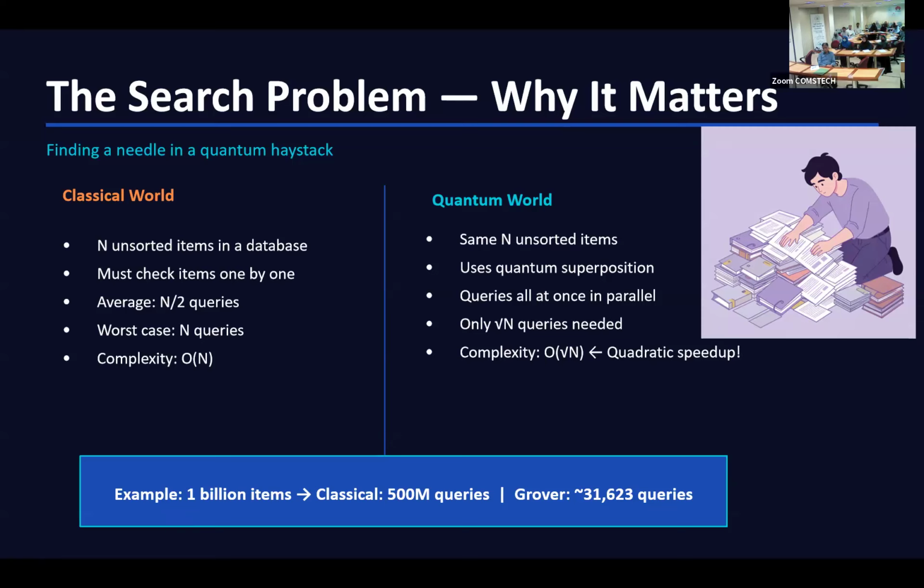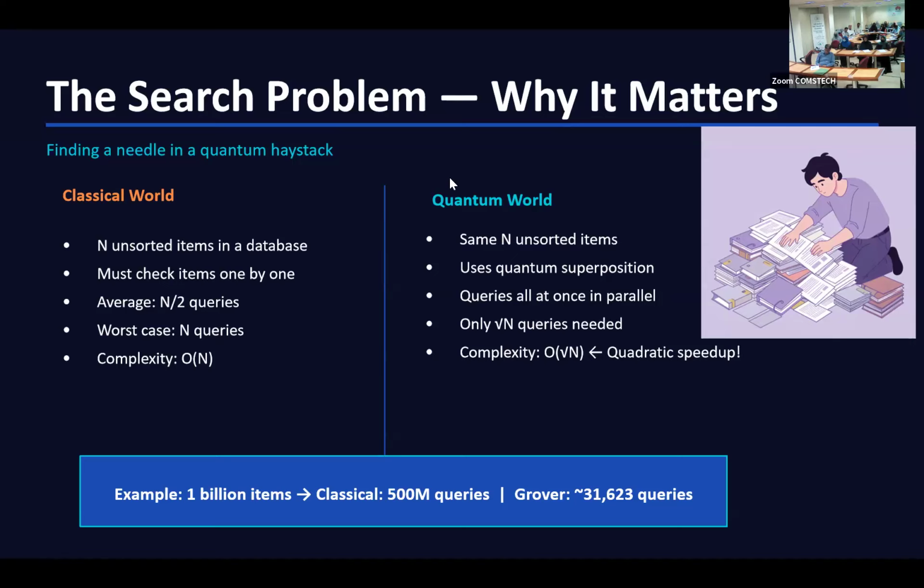If he's doing some classical computation, he has to go one by one, checking every page. If he's lucky, he can find it midway or at the start. And if he's unlucky, he might find it at the end. It will take a long time for him to search inside it.